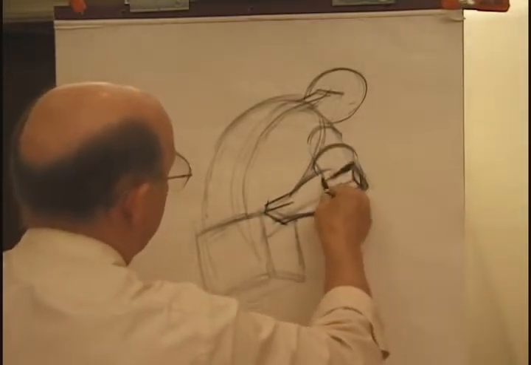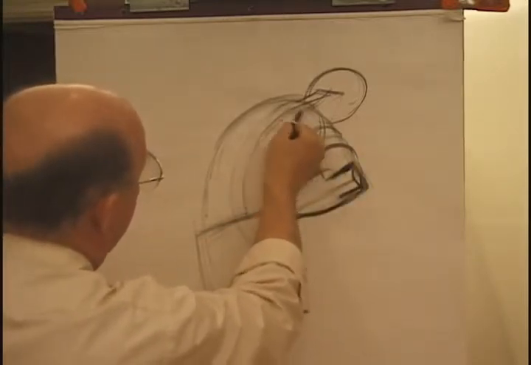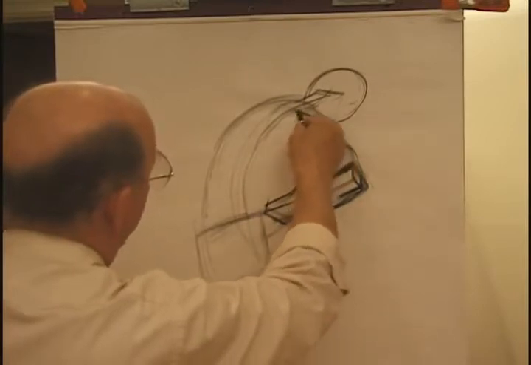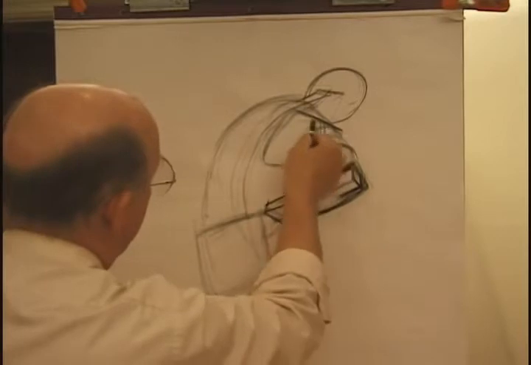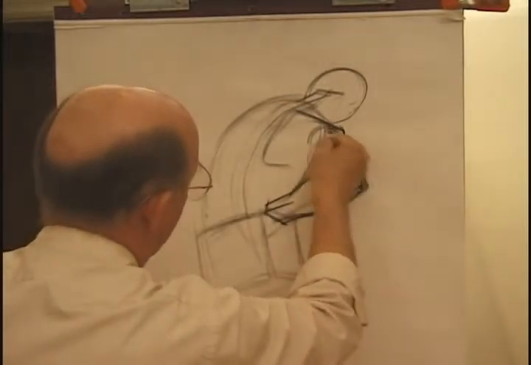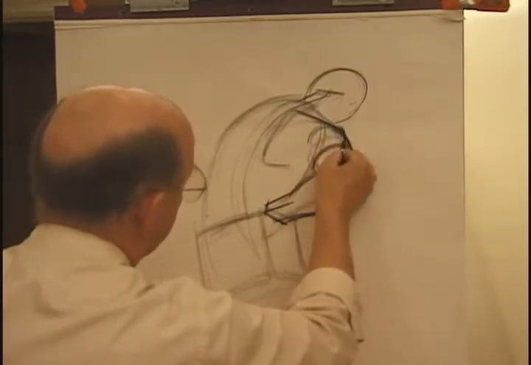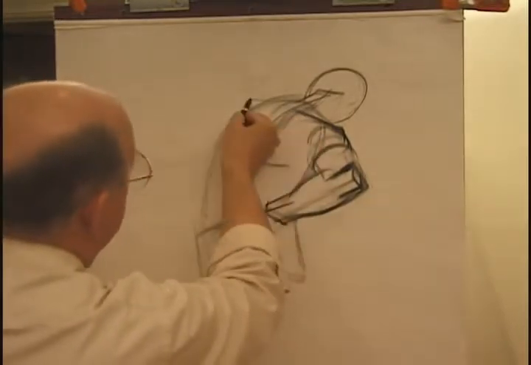Think of this as a cylindrical type form first, but I would be building on top of this rib cage the volumes of the scapula itself. And again, thinking of the top of the shoulder up here as a bit squarish, where the scapula comes across and the deltoid starts to pull out of it. Now, on the other side, you start seeing the same thing.